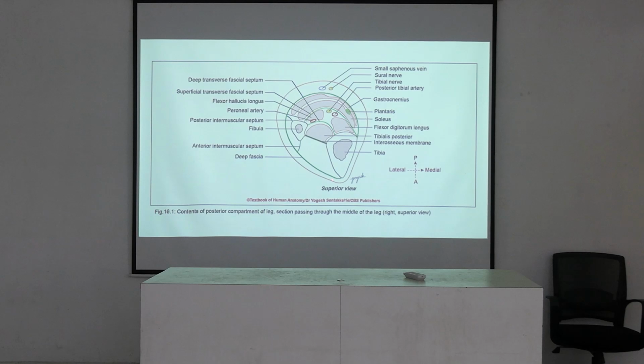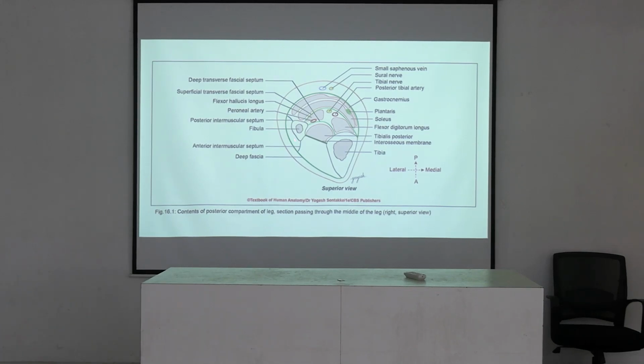So we know this is the deep fascia, starts from the anterior border, it surrounds the leg and ends in the posterior border. And here it is the interosseous membrane in between the tibia and the fibula. So here in front we are getting the anterior compartment. We are not concerned with this one today.